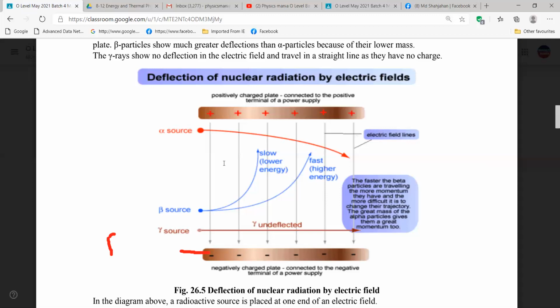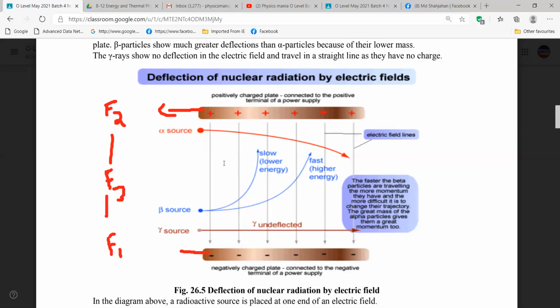F1 is attraction, this is F2. Won't these two forces create a force 3, so the alpha particles move much more? Of course, it is a very simple thing.